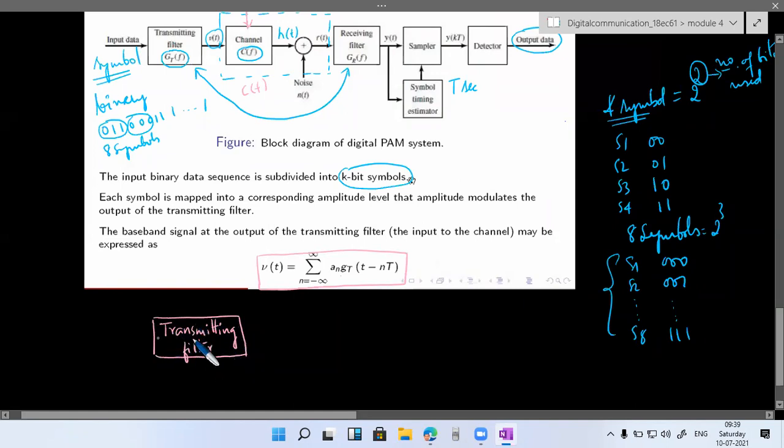So to this transmitting filter, what input will I be feeding? I'll be feeding my input data.